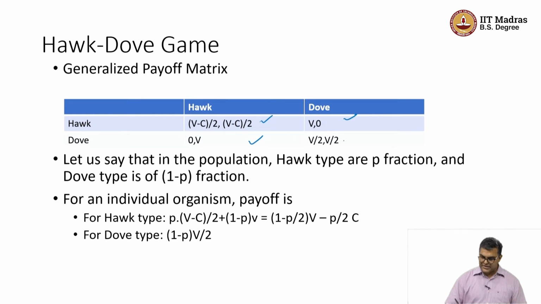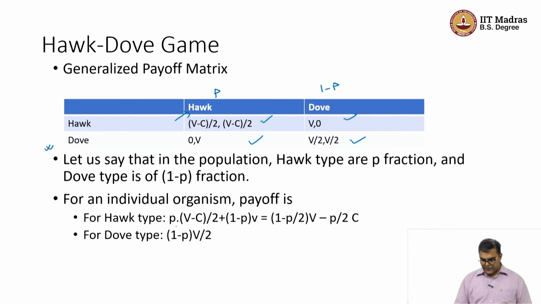The story was different earlier when we talked about the game of chicken, but exactly this is what we get. So, let us say that in the population hawk types are p fraction and dove types are 1 minus p fraction. You can say that the population is made of dove and it is being attacked by hawk. What happens for hawk type? P proportion of the time hawk will meet a hawk.